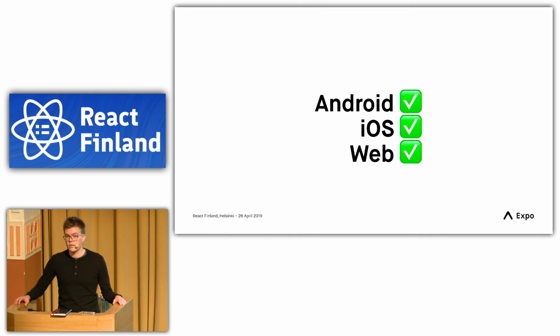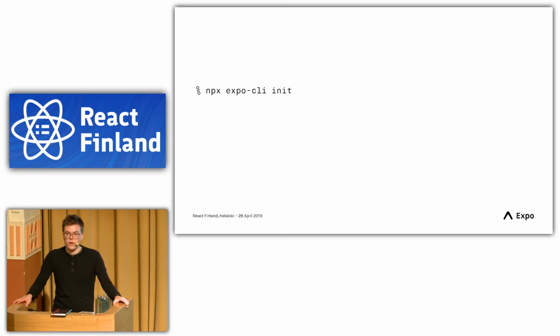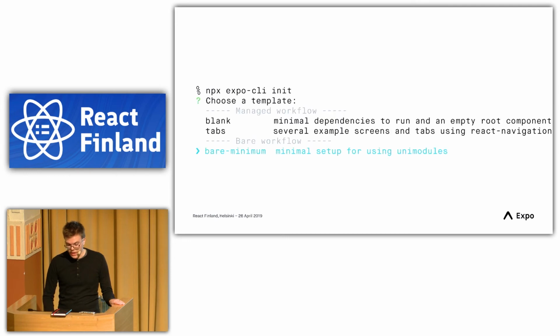And to make it easier to set up Unimodules in a brand new project, we added this Unimodule template to expo-cli, which is a tool for developing Expo apps. So you can also use it to set up a React Native app. If you choose this bare minimum template when running expo init, or you can run it with npx like this if you don't want to install it.